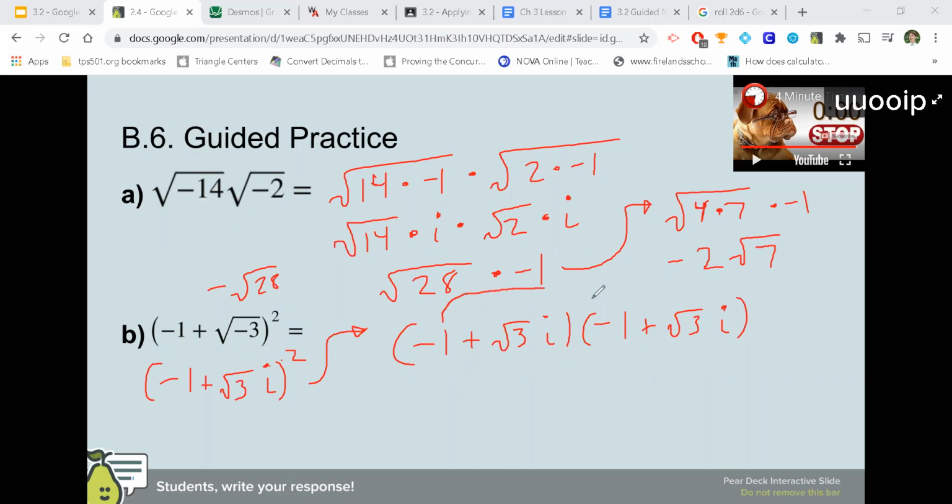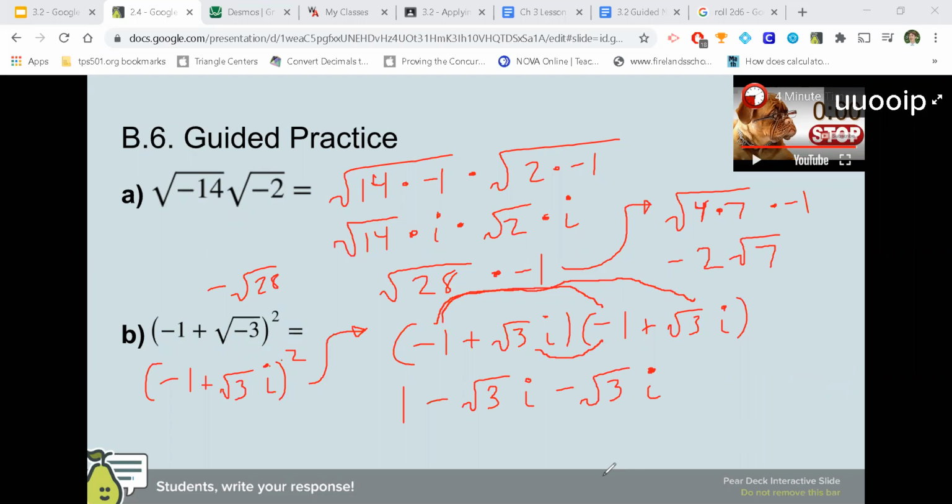So -1 times -1 is +1. -1 times the square root of 3i would be negative square root of 3i. Square root of 3i times -1 would also be negative square root of 3i.